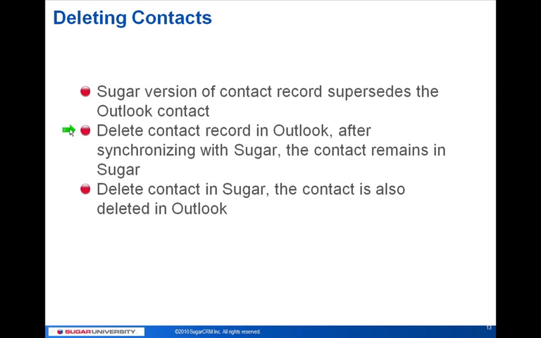But if you delete that contact in Sugar and then you sync up the records again, then the contact is also going to be deleted in Outlook. A way to avoid that is to unsync your contacts after you have synced them up. So you mark to sync, click on sync, they shoot on over to Sugar, and once that happens, you unmark it. Okay?